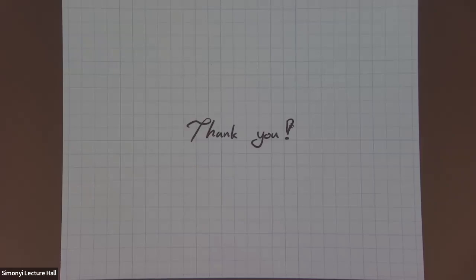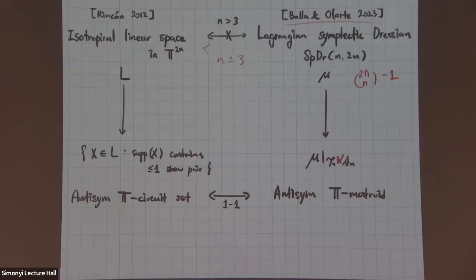So I have a question relating to the last things you said, because I'm a little confused. Antisymmetric matrices, do they appear in both B and...? Which Coxeter type does the antisymmetric matroid appear in?